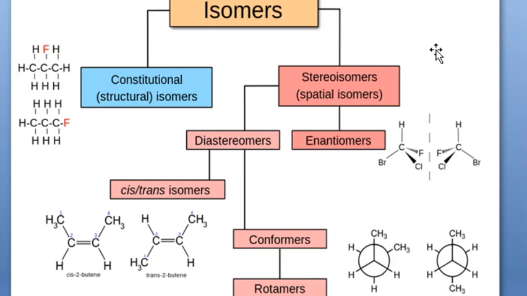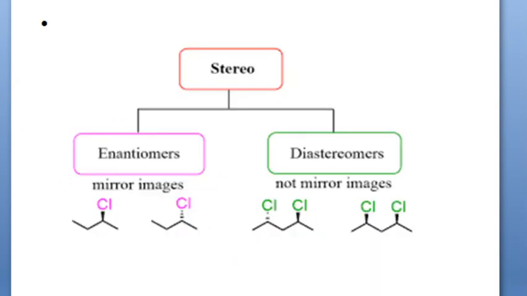These conformers are obtained by rotation around a C-C single bond. So let us see what these stereoisomers, enantiomers and diastereomers are. Stereoisomers are broadly classified into enantiomers and diastereomers.